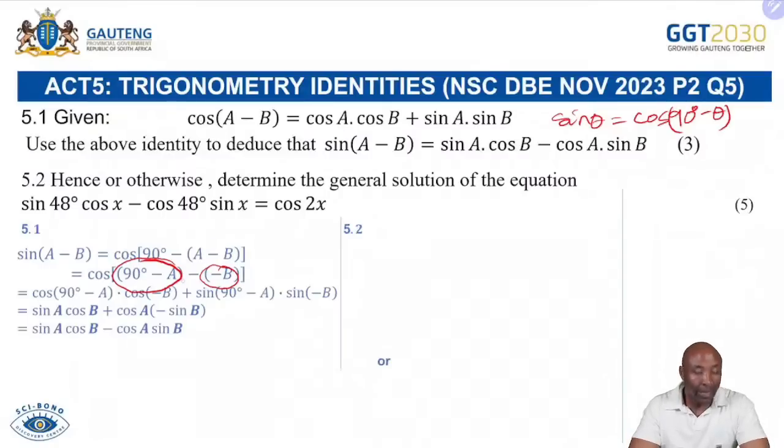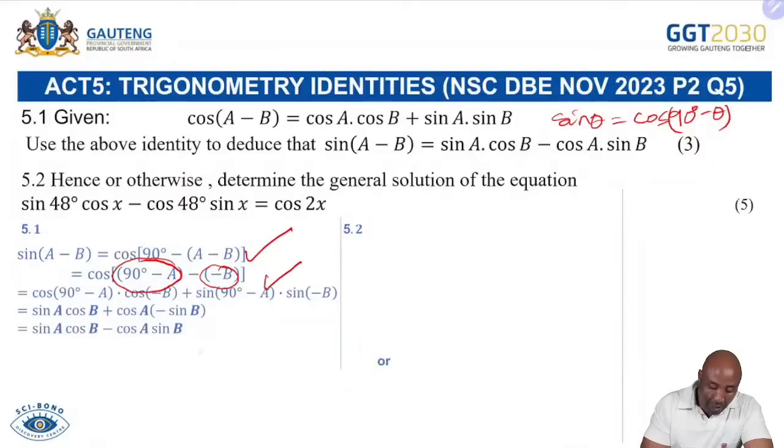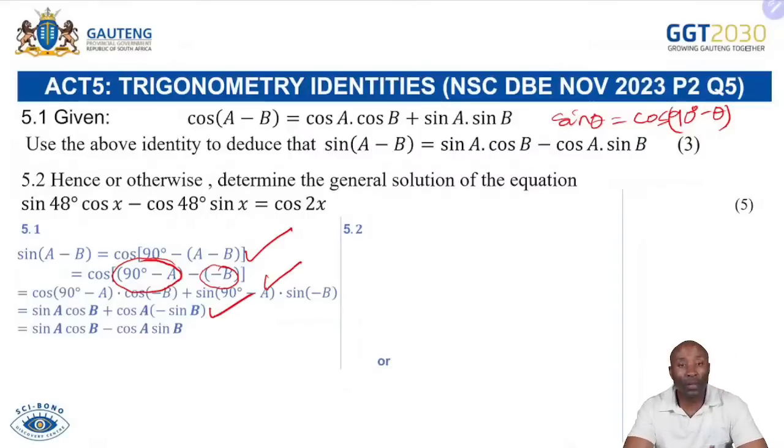That's what I did. Then I applied my reduction rules and I got the identity that is needed there. So we use a cofunction, we substitute, and we reduce to help us deduce there. Please do not just copy from the formula page. You will not get marks.